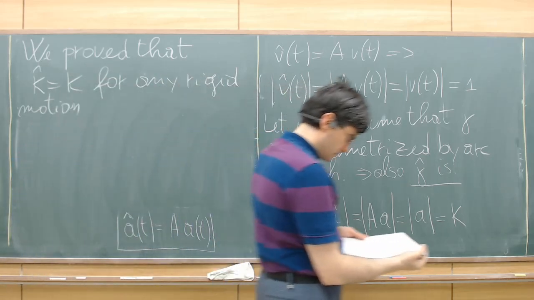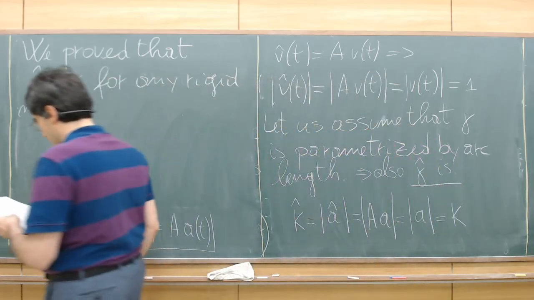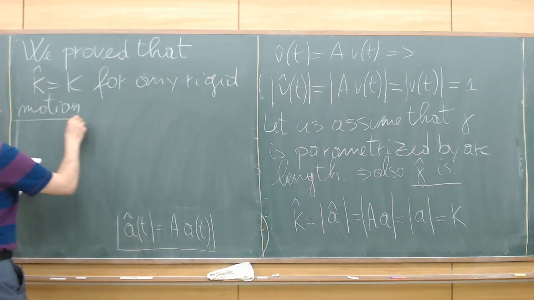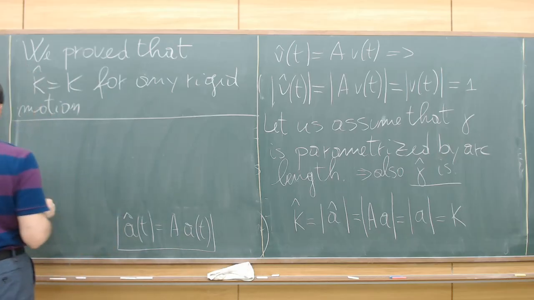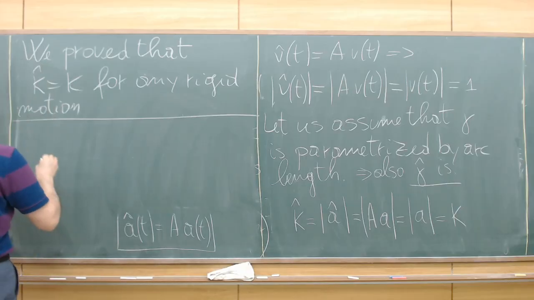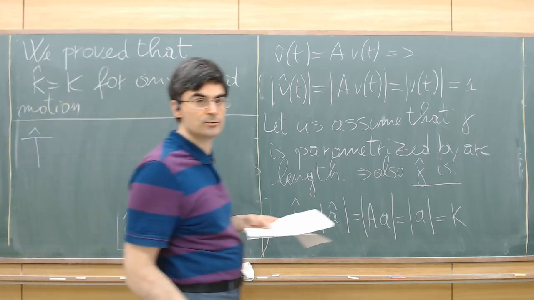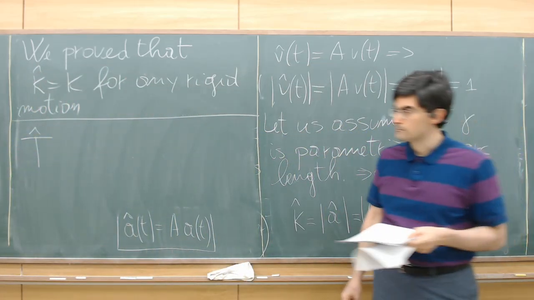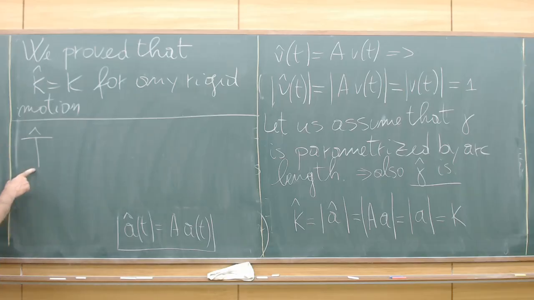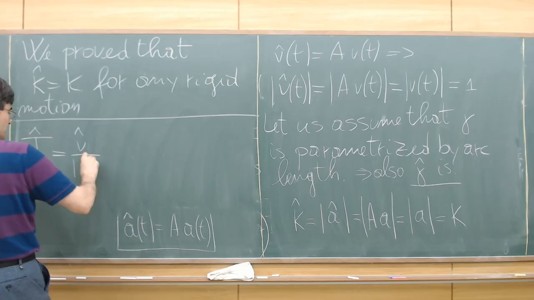Now, what about the torsion of a space curve? In order to prove the statement about the torsion of a space curve, we have to compute the relation between the unit tangent vector of gamma and the unit tangent vector of gamma hat. By definition, the unit tangent vector of gamma hat is v hat divided by the length of v hat.